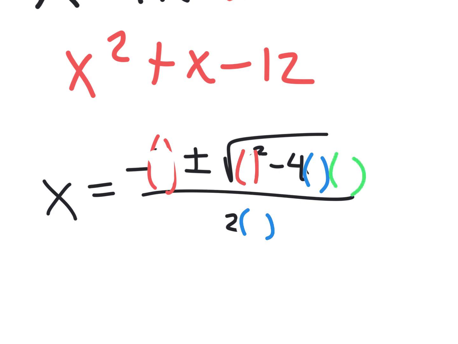I made them different colors. Negative B, it's like negative, and the B term is 1. A was 1, B was 1, C was negative 12.